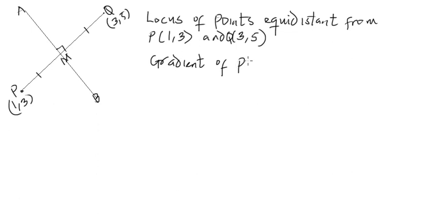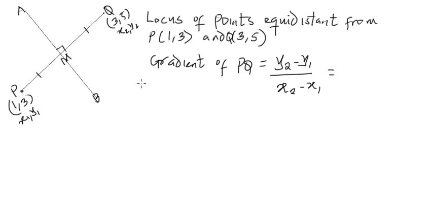Gradient of PQ equals, as usual, (y2 minus y1) over (x2 minus x1). For line PQ, this is x2, y2, then this will be x1, y1.